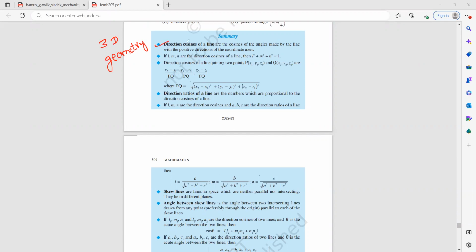The first point in the summary is: direction cosines of a line are the cosines of the angles made by the line with the positive direction of the coordinate axes.